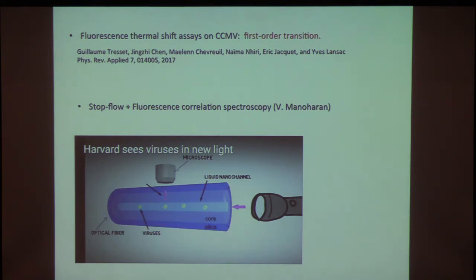Harvard sees viruses in new light, where you do microrheology. You have a narrow tube, you flow the proteins and the RNA in on one side, and then by shifting your microscope up and down this tube, you can find different stages of assembly, and by doing fluorescent correlation spectroscopy, you can actually get the size of the structure. He got beautiful structures, and I invite you to have him out for a talk.